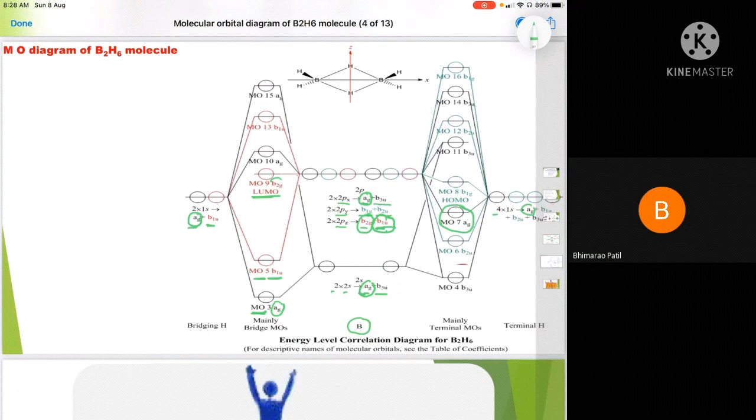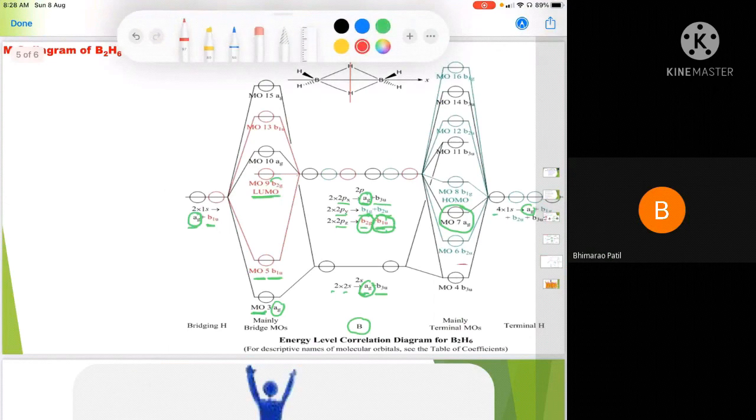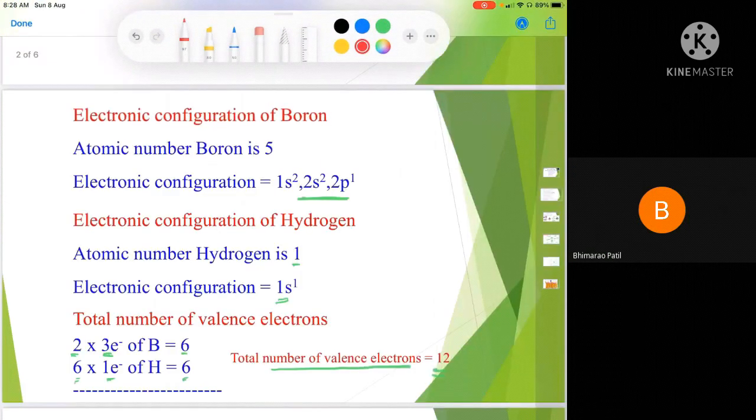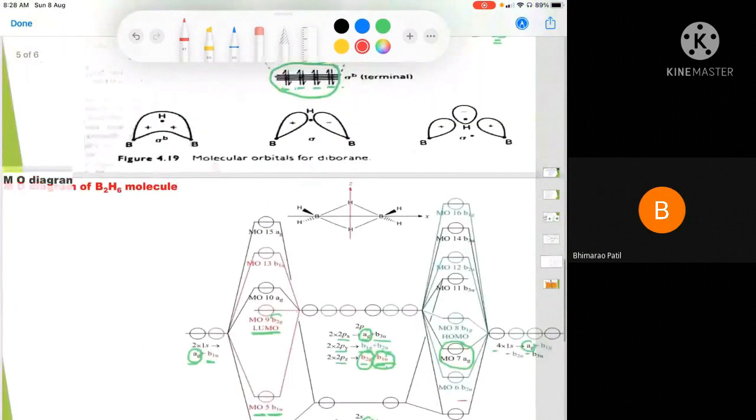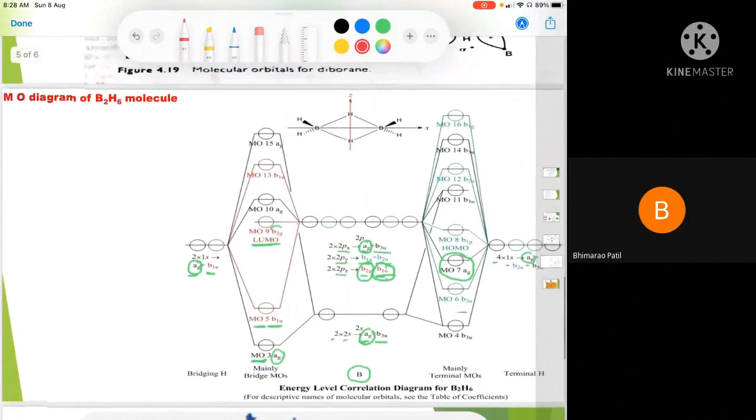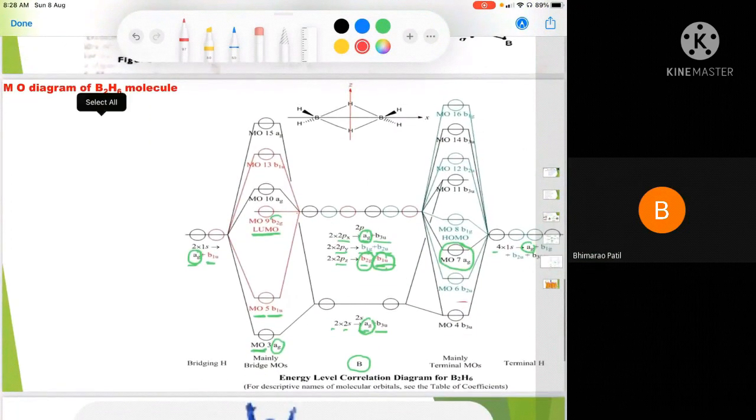Then you go to B1g. This is the terminal hydrogen atom. This hybrid orbital is combined with B1g of the boron atom to form number 8 molecular orbital, that is B1g.